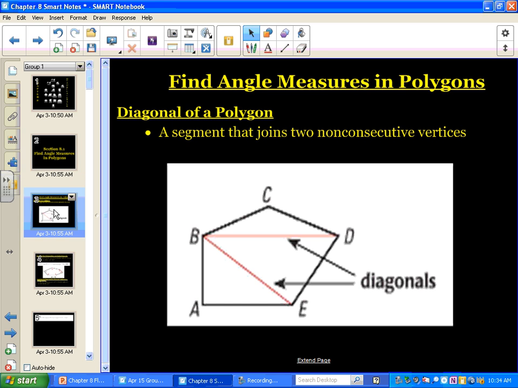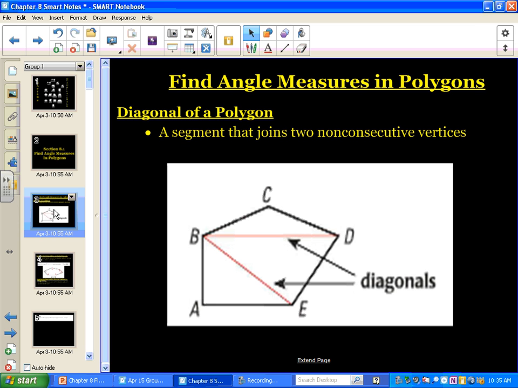So first, we have a definition. Diagonal of a polygon.